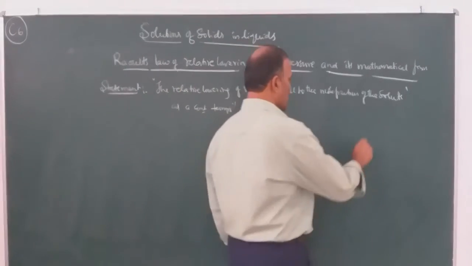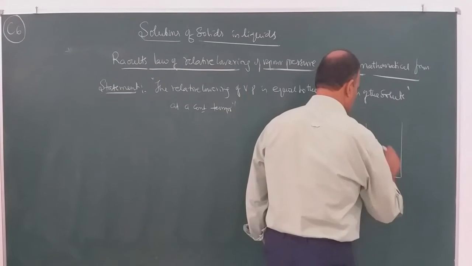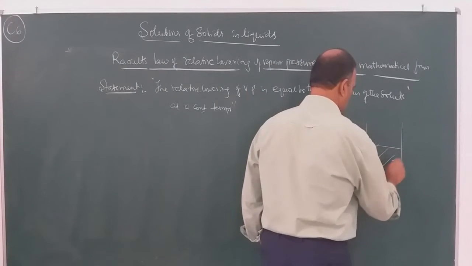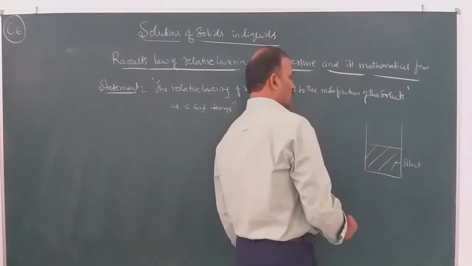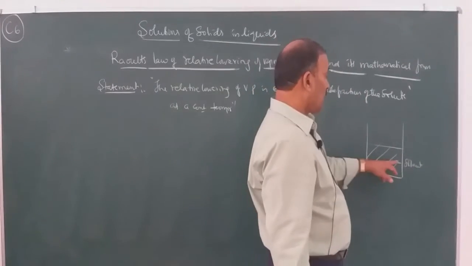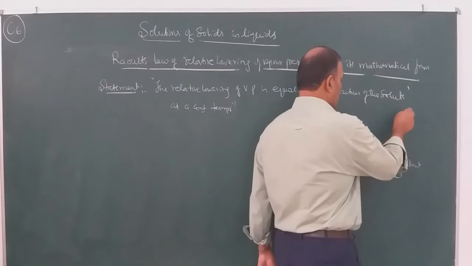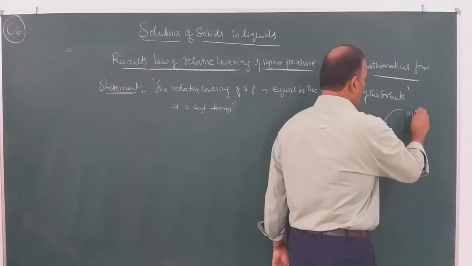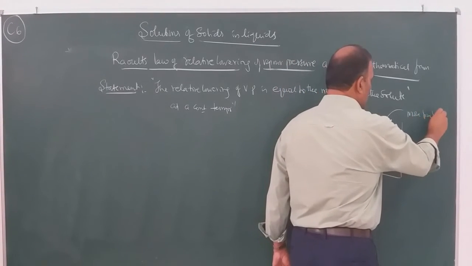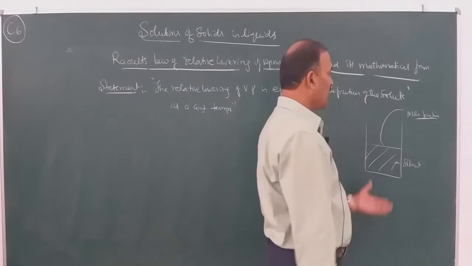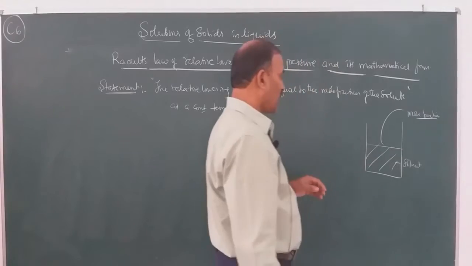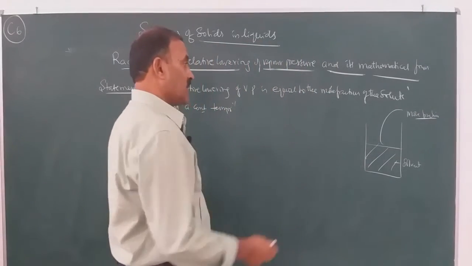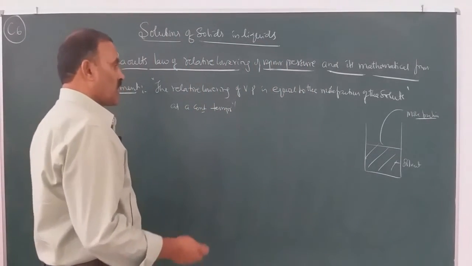That means, suppose this is a solvent. So relative lowering of vapor pressure of solvent is equal to mole fraction of the solute. So if you increase the concentration of the solute, relative lowering of vapor pressure is equal to mole fraction of the solute.